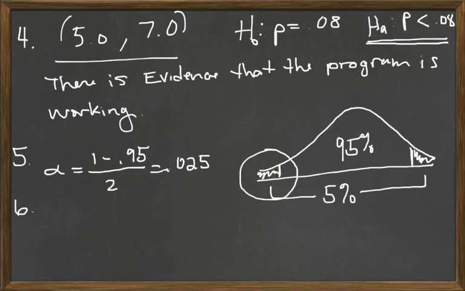Describe to management an advantage and disadvantage of using a 1% alpha level of significance instead. Well, if I decrease my alpha level, it makes it more difficult to reject my null.